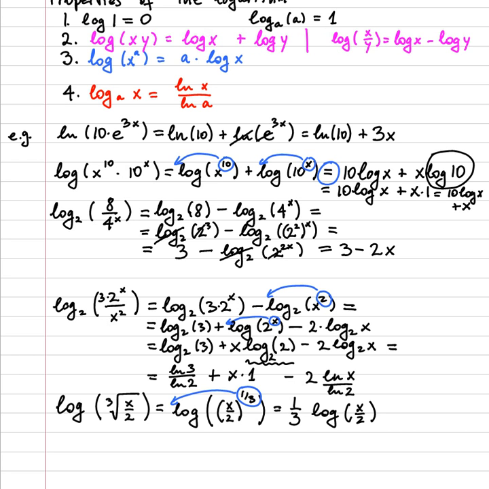Now I can apply also the purple thing, because I have a division of x and 2, and I'll have this is 1/3 times log of x minus log of 2. And that's my final answer.